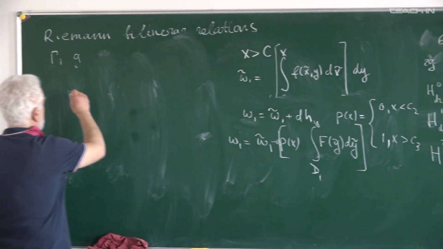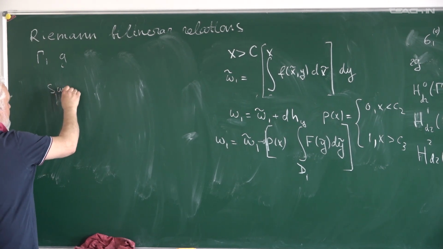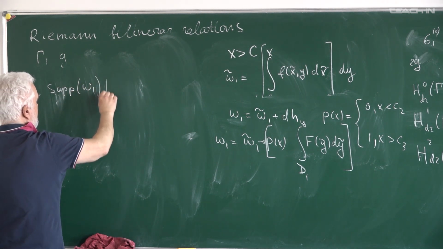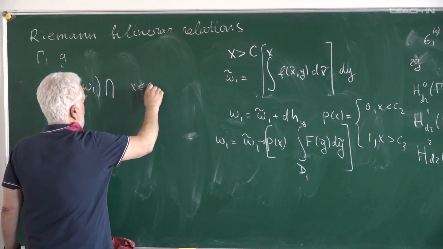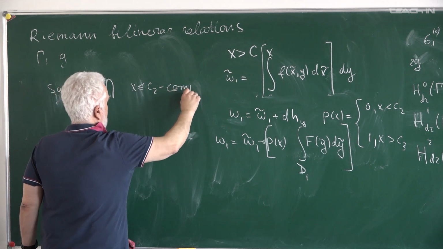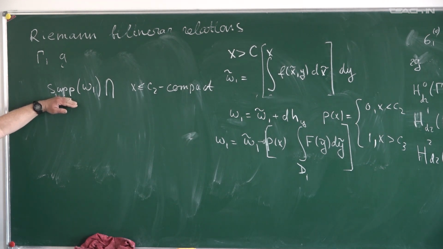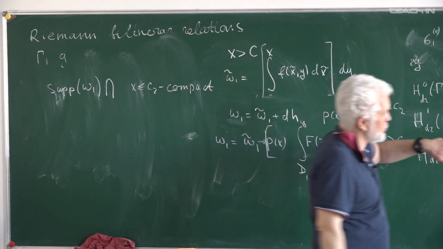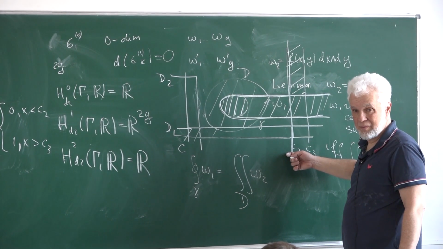First of all, the intersection. You have this statement: if x is smaller than C2, the intersection of the support of omega 1 with this area is compact.